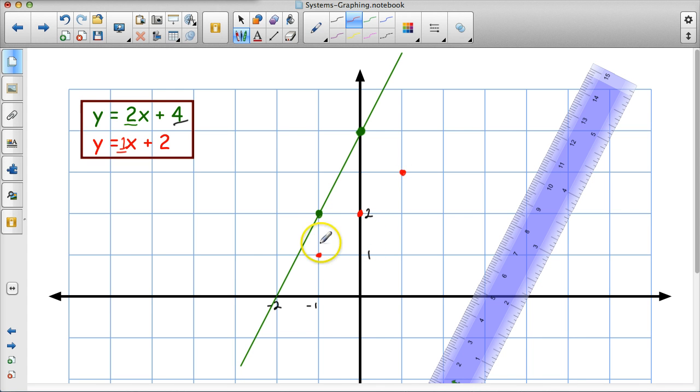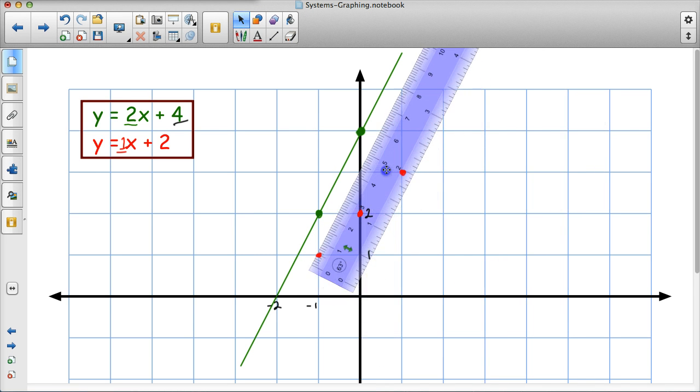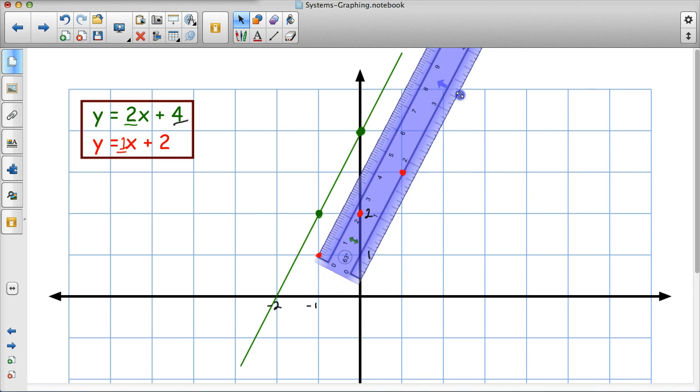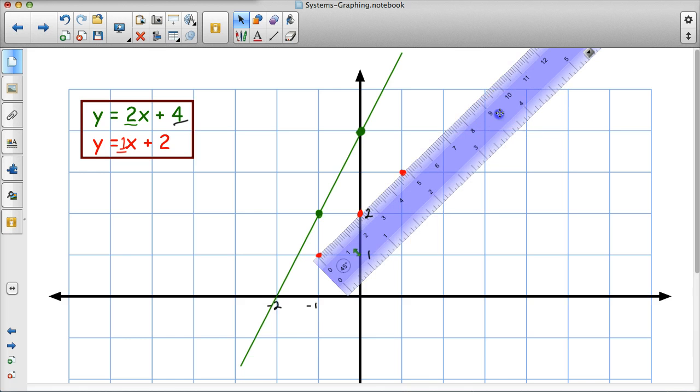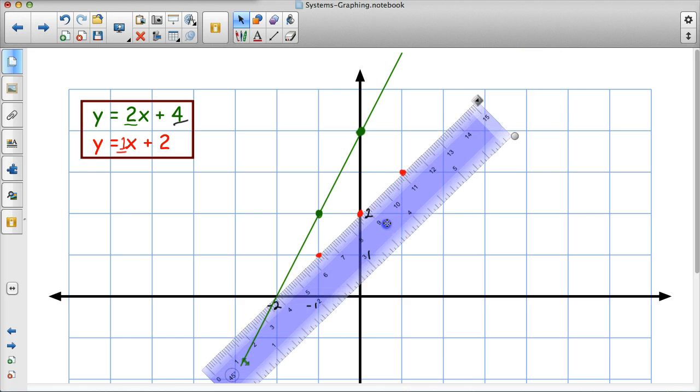Remember that you don't need both lines on your graph. However, sometimes it's easier to graph a line if you have several points. So I'm going to graph my red line too. Remember, I use a straight edge because I want my lines to be as accurate as possible.